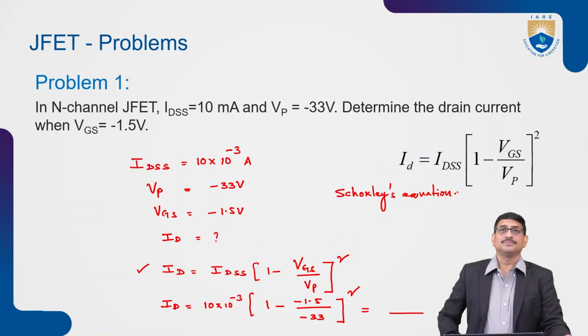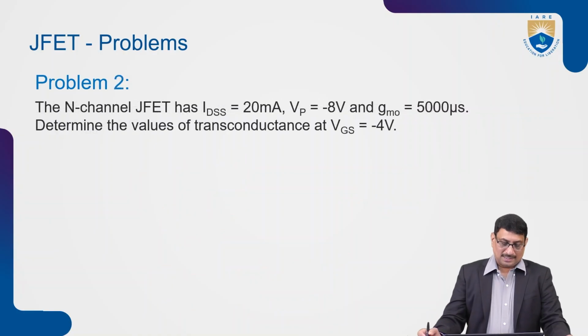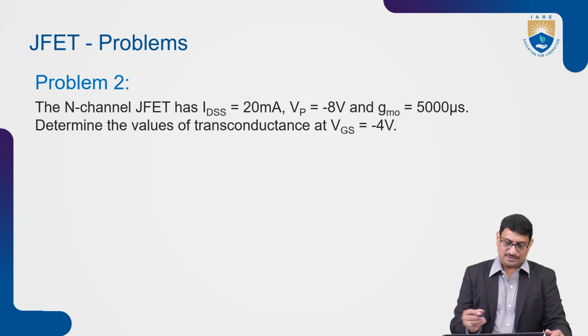The next problem. The N-channel JFET has IDSS equal to 20 milliamperes, pinch off voltage VP equal to minus 8 volts, and GMO equal to 5000 microsiemens. Determine the value of the transconductance at VGS equal to minus 4 volts.